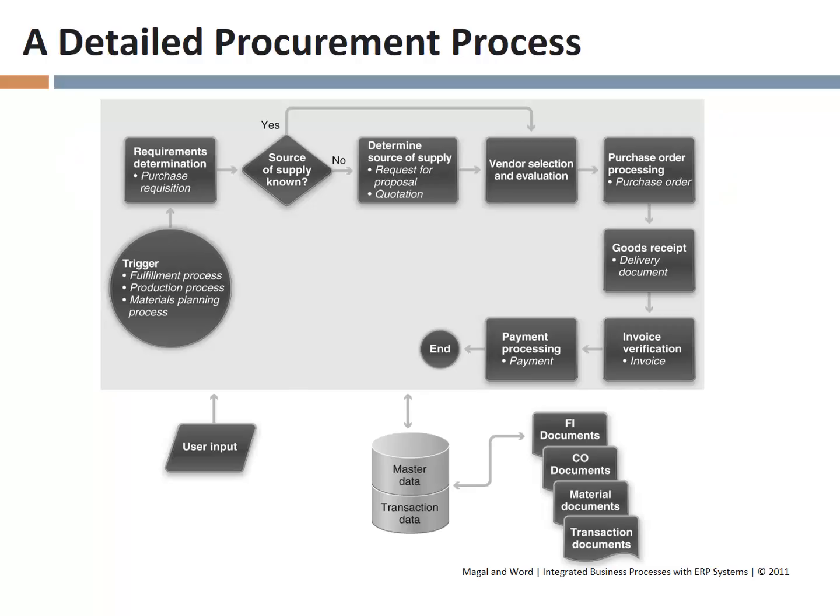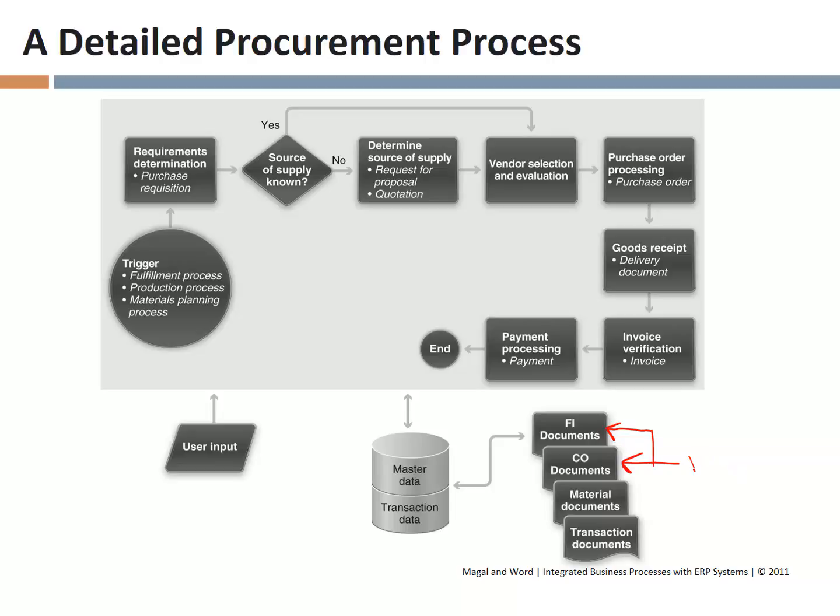So there's the process. We've talked about all of the steps. We did not really talk about CO documents because we're not really talking about cost accounting very much, but I'll just make the observation that I did previously, which is that cost accounting documents really just take information from financial accounting documents and pull them into the context of cost accounting.